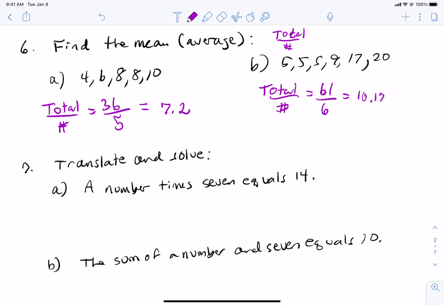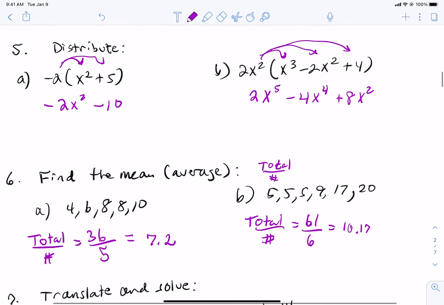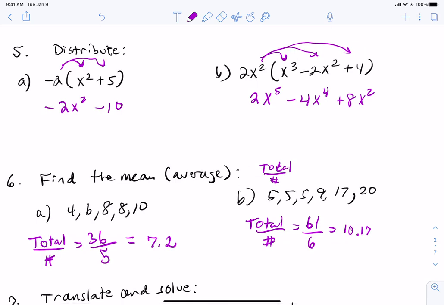Much of the test is multiple choice, so you'll be able to see the way that I rounded on the test. Okay. Any questions about that one? Yes.